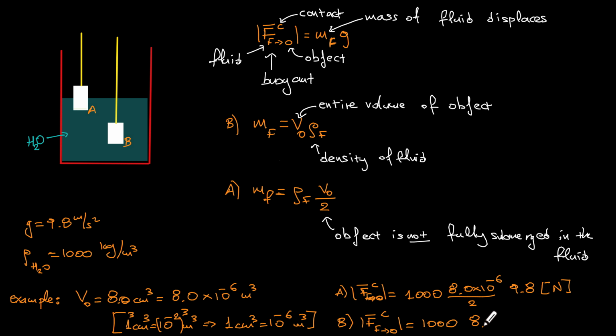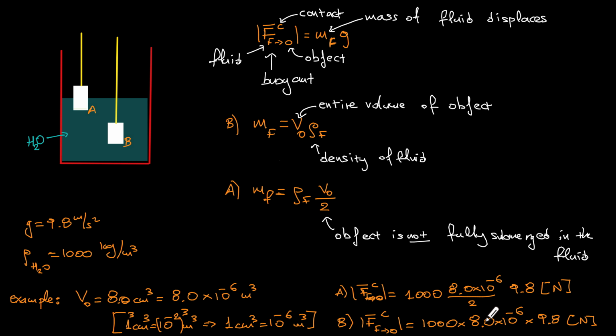Since it is fully submerged, now I need to use the entire volume, and then of course I need to multiply that with the constant 9.8, and this will also be in newtons. Now I do want you to compare these two results. The second one, in case B, you will have the buoyant force will be twice as large.